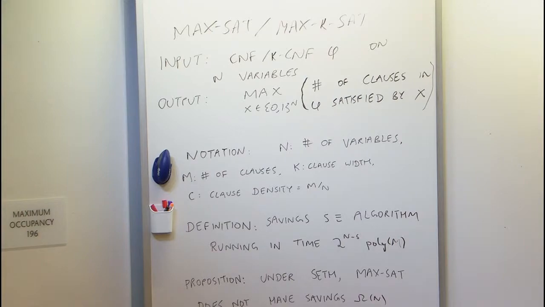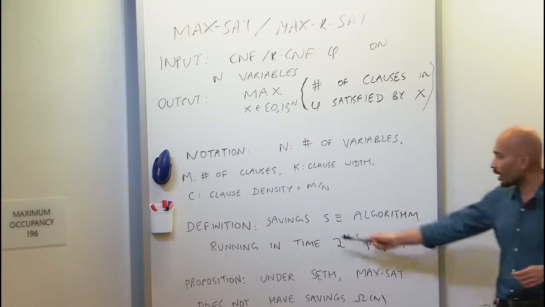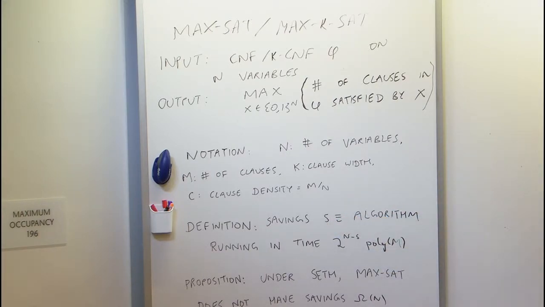So generally speaking, this definition of savings of an algorithm will be useful to present our results. So a problem has savings s, where s is some function of m and n, if there's an algorithm running in time 2 to the n minus s times poly of m. So s is intuitively the amount of savings over brute force search.